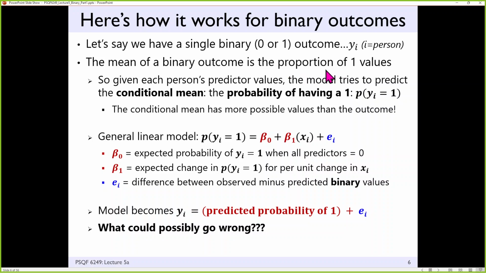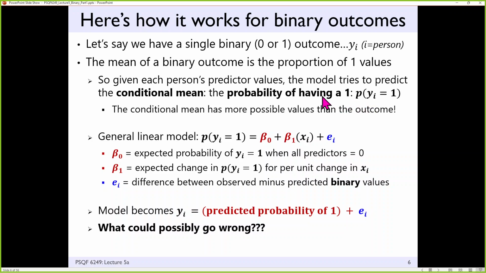So another way to say this is that what the model's trying to get at is the probability of a 1 for any one person, where that probability would be 0.7 if that's what's in my data as a starting point. Then we bump it up or down based on predictor information. So this is what the transformation is going to operate on. Not the zeros and ones, but the probability of having one that is the outcome the model is predicting.